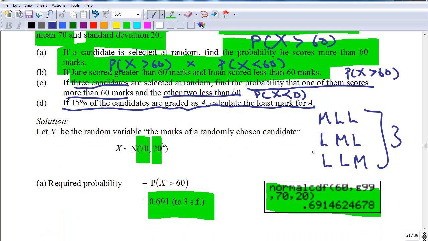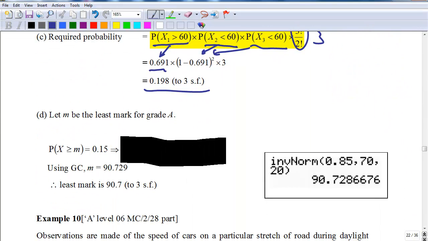Then I will first of all start by letting M be the least mark required for grade A. That means all the marks beyond M, higher than M, will also be A. So probability X bigger than or equal to M must be 0.15.